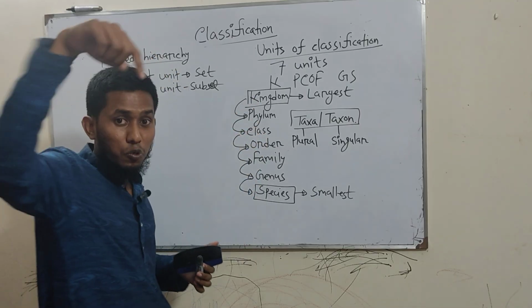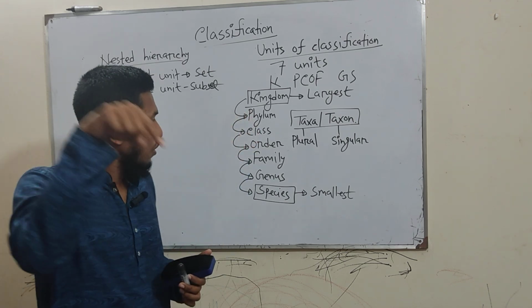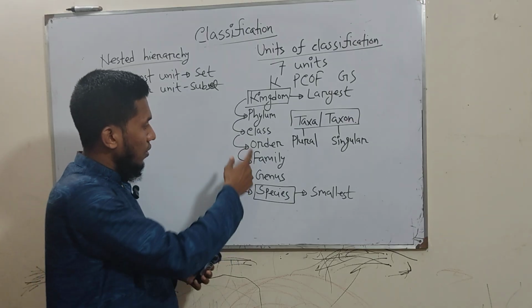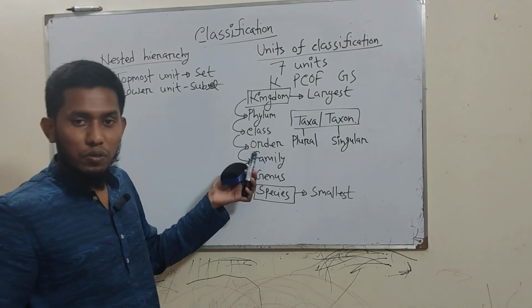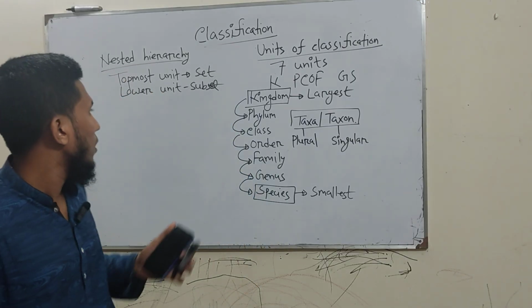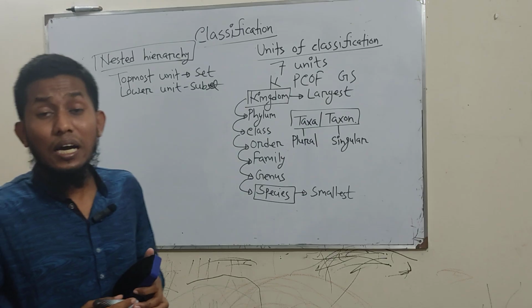The subset of kingdom goes downward to phylum. The subset of phylum goes downward to class, the subset of class to order, and the subset of order to family. This arrangement is called nested hierarchy. And why do we follow nested hierarchy?